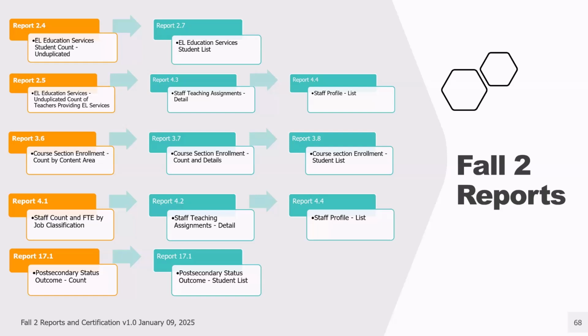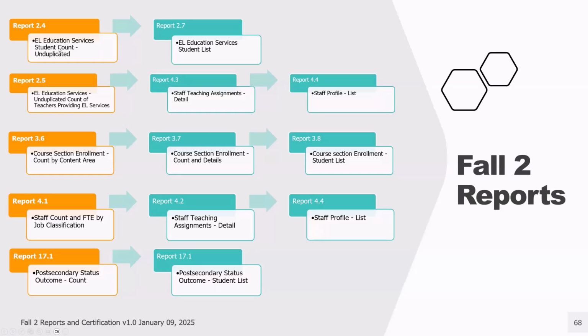You have to make a habit of having enough time after you have cleared all your fatal errors that you could look at these reports in earnest, right? If you are having your subject matter experts look at these reports, like your EL coordinators, 2.4 is just a count.